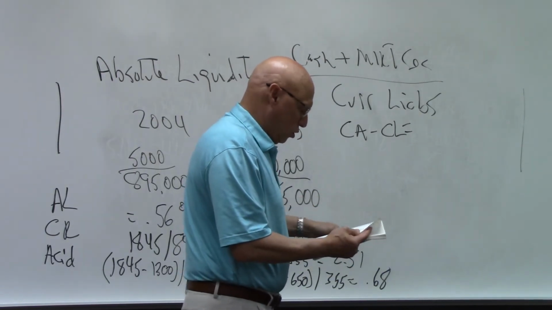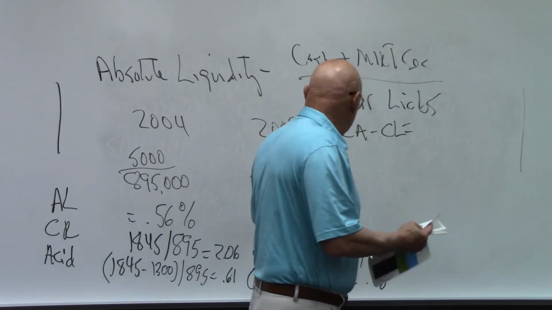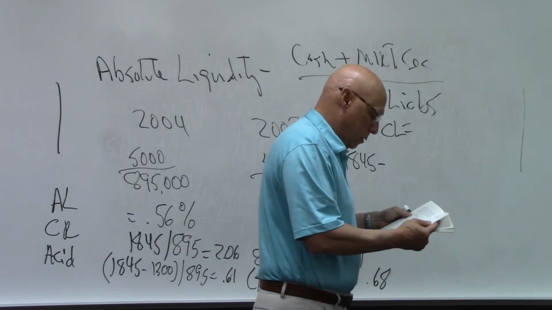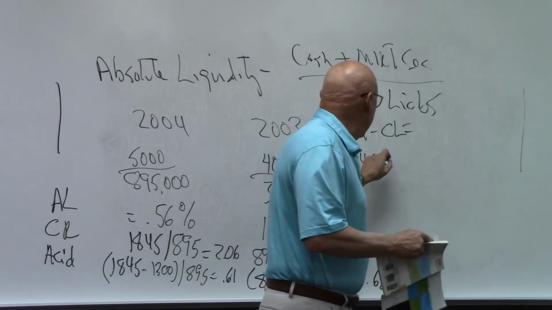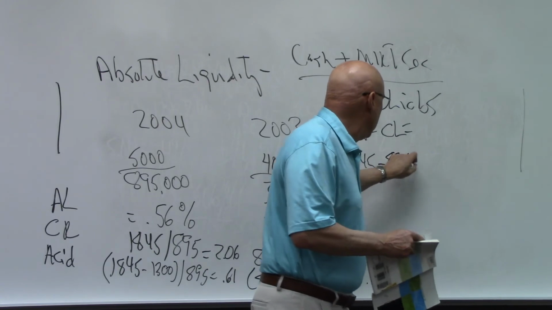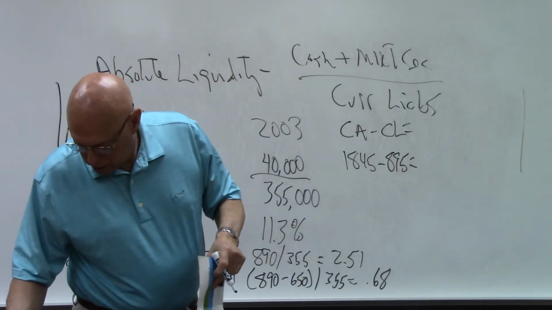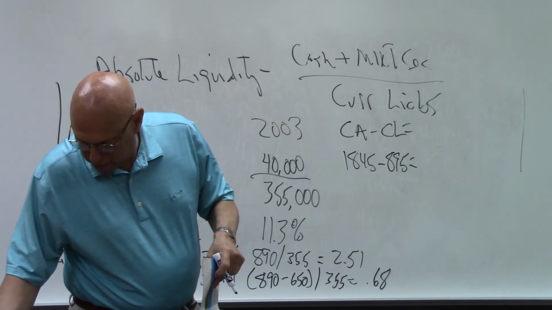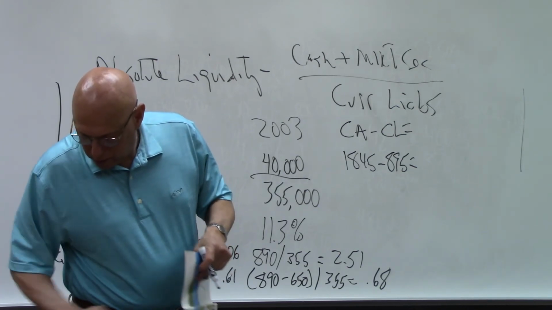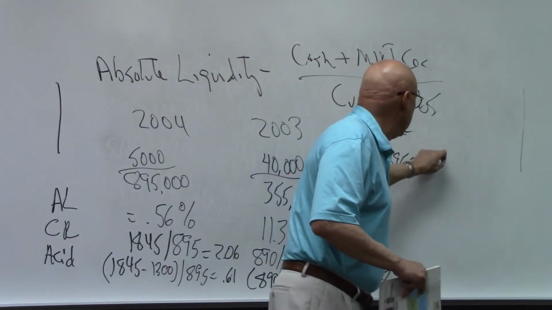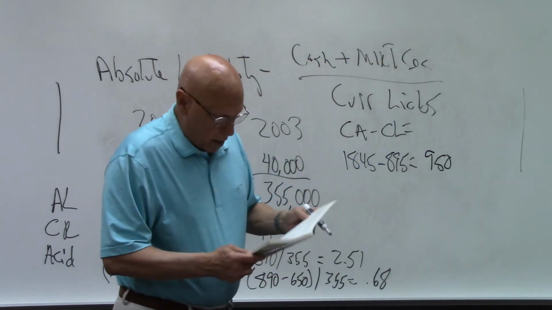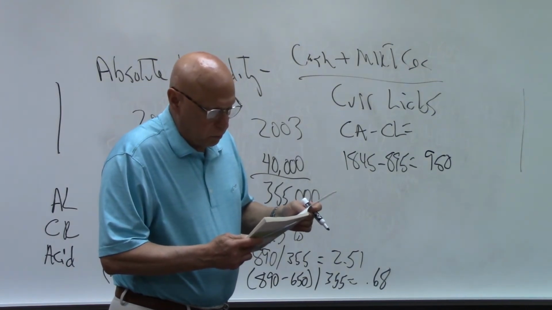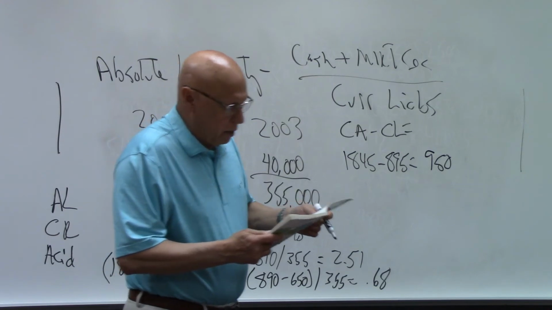Get back over to the balance sheet, and so we have 1845 minus 895. 1845 minus 895 is 950, and then we have 890.